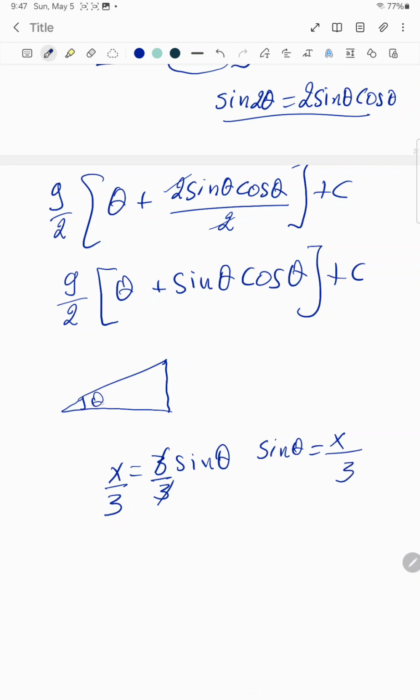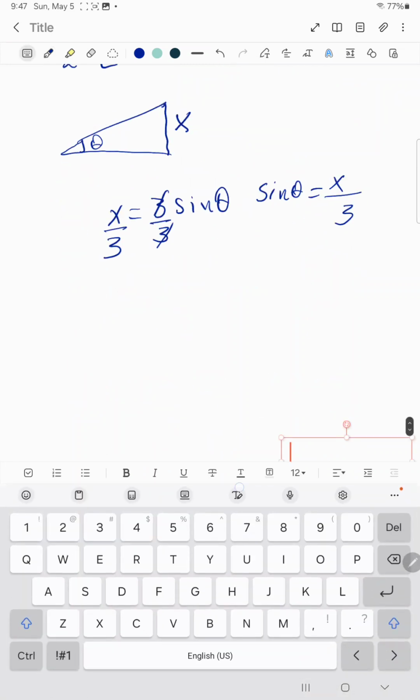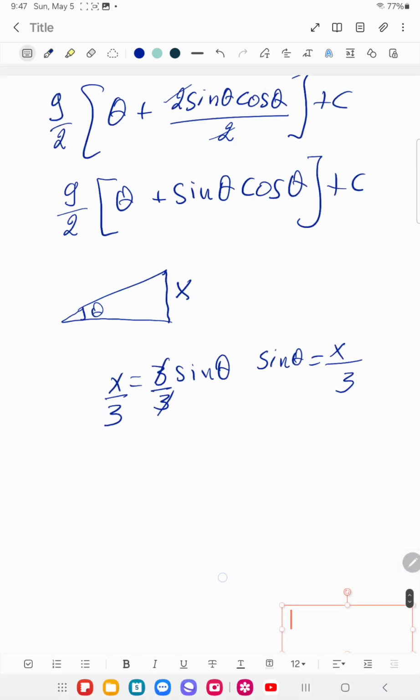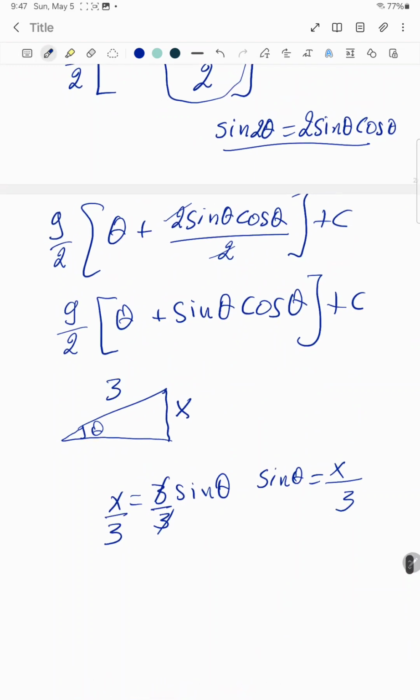And that's my theta here. And we know sine is the opposite side, which is x, divided by the hypotenuse, which is 3. And there is a right angle here.